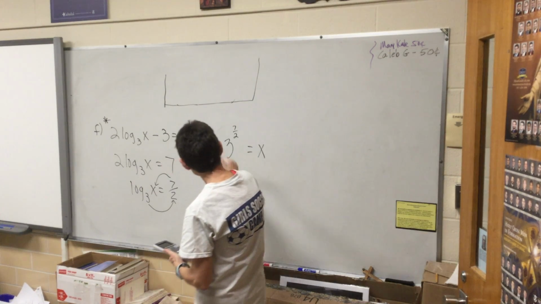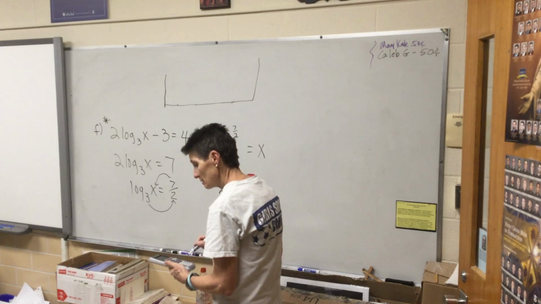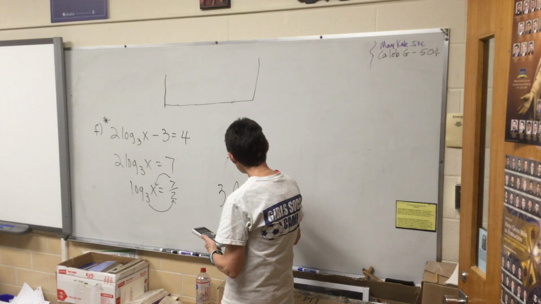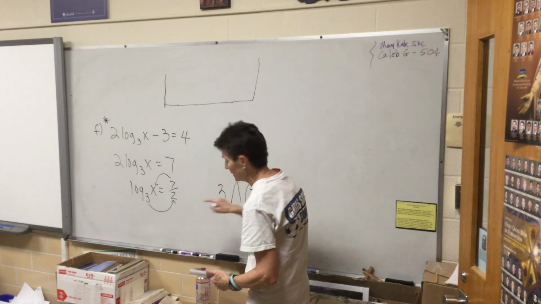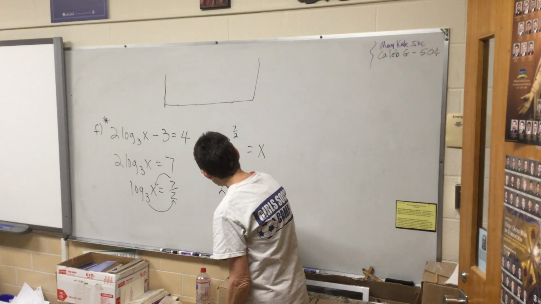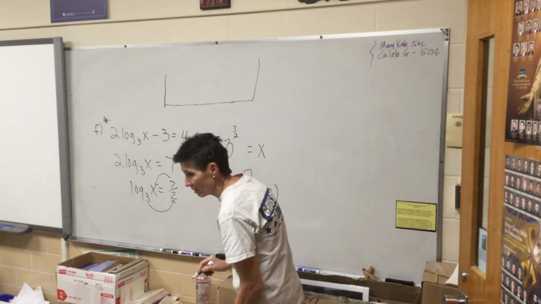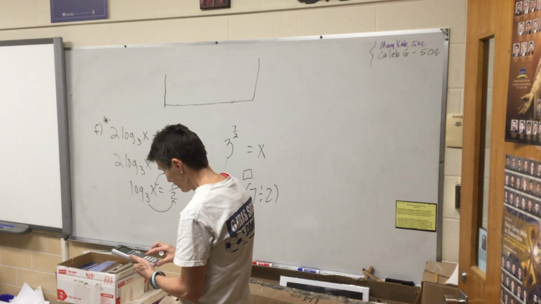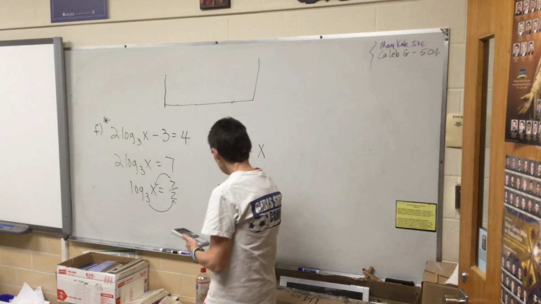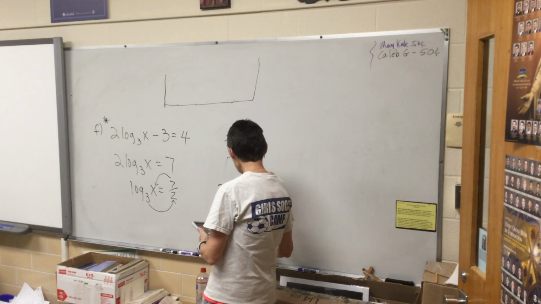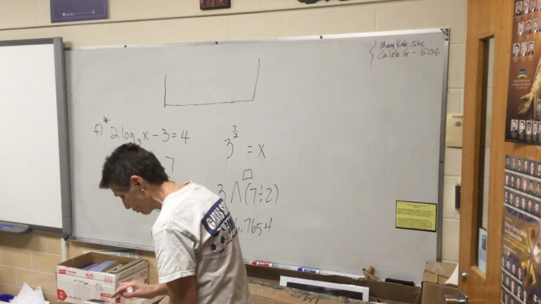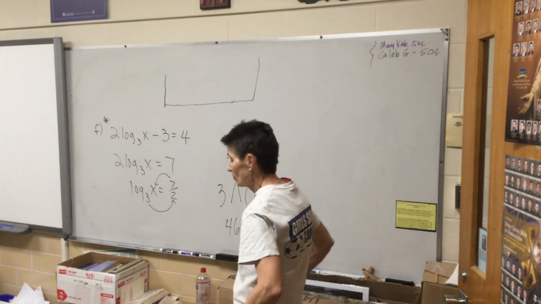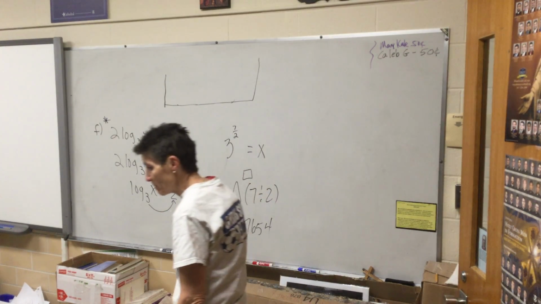So 3 raised, use your raised button, and then parentheses 7 divided by 2. Now some of your calculators, the new calculators, when you do this button, it automatically puts you up here. And you don't need to worry about the parentheses, but on my old calculator, I need parentheses. See if you can get 46.7654. If you got that, then you typed it in correctly. Raising 3 to the 7/2 power.